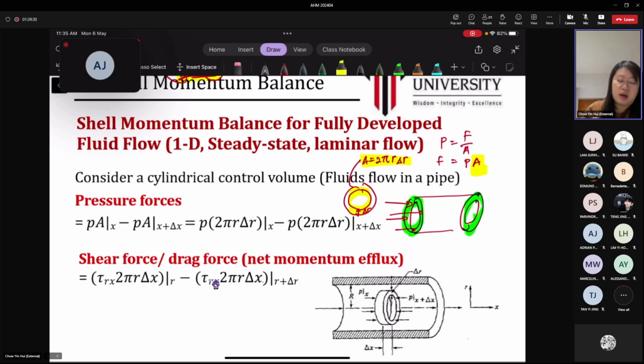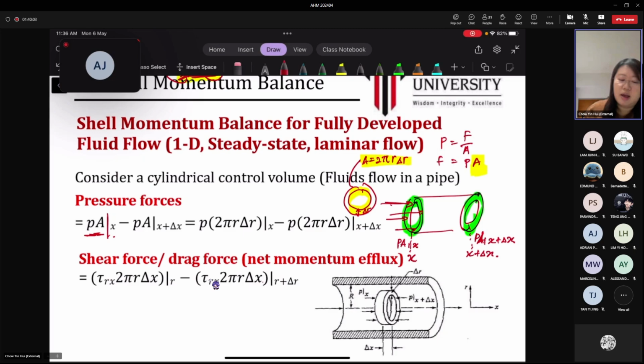So for pressure force, as we said just now, the differential size ring has a boundary at x and another at x plus delta x. The pressure force entering is pressure multiplied by the area at boundary x, PA at x, minus the pressure force acting on the other boundary, x plus delta x, PA.